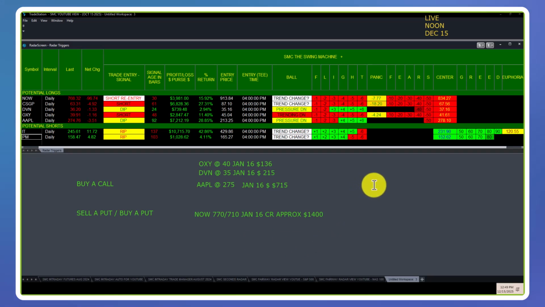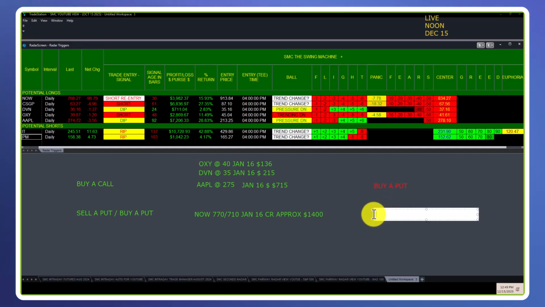Over here, if we're going to get short something, we can get short by selling, I'm sorry, we can actually buy a put. We could do that.